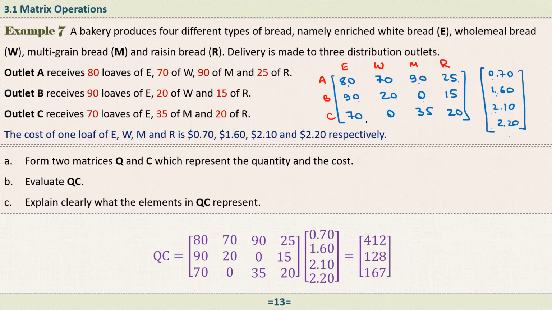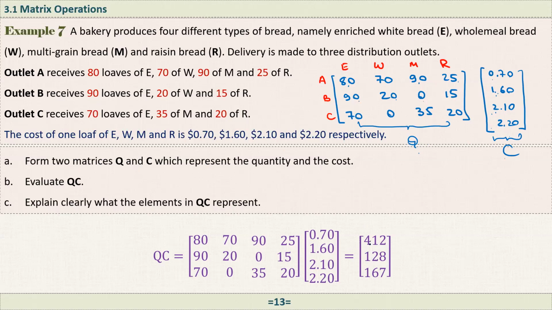So the question says form two matrices here, Q and C. That is our matrix Q, and this one is matrix C, quantity and cost. And evaluate QC. After writing this, now we know how to multiply this.